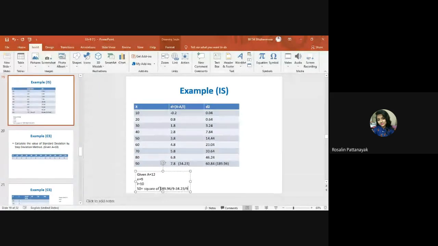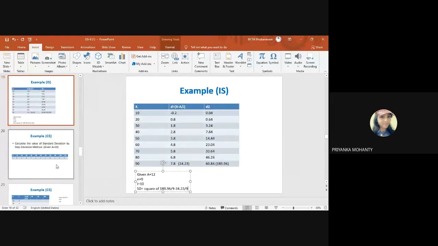How much? 25.80. Better, as I told in the previous class, use a scientific calculator, even if you go to the next level in case of logarithm, log values and matrices, it is easy to calculate all the things. Going to the next one.